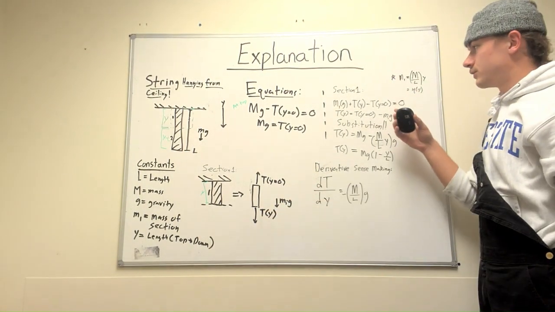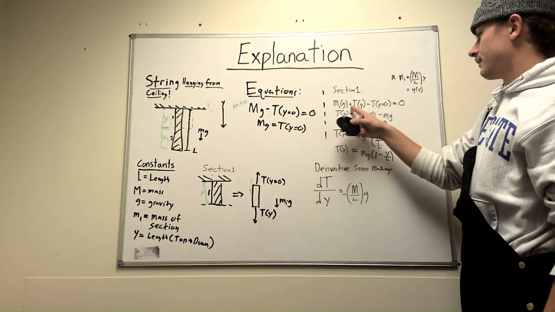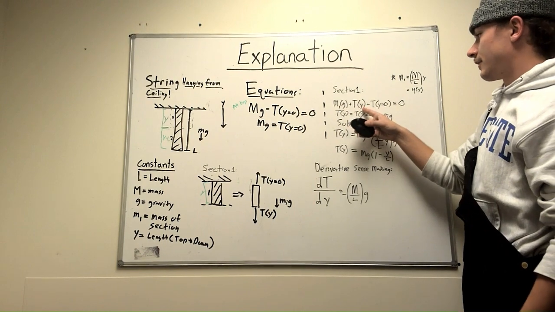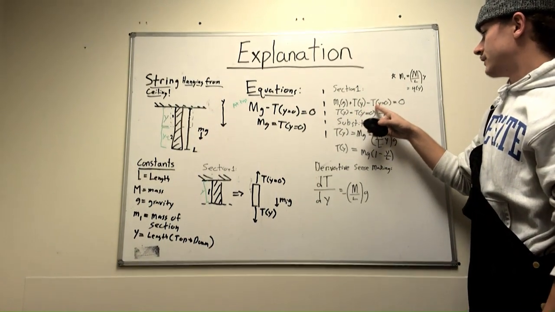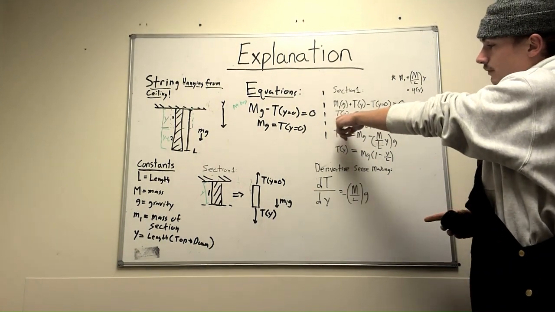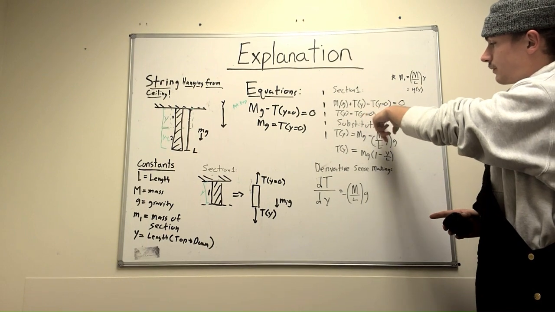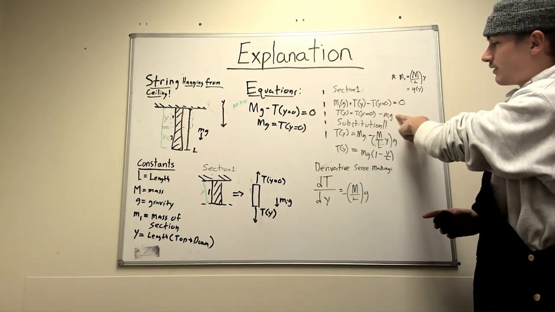So here's the equation for section 1. We have the mass of the section times gravity plus the tension at length y minus the tension when y is equal to 0 is equal to 0. So we get the tension at length y is equal to the tension when y is equal to 0 minus the mass of the section times gravity.